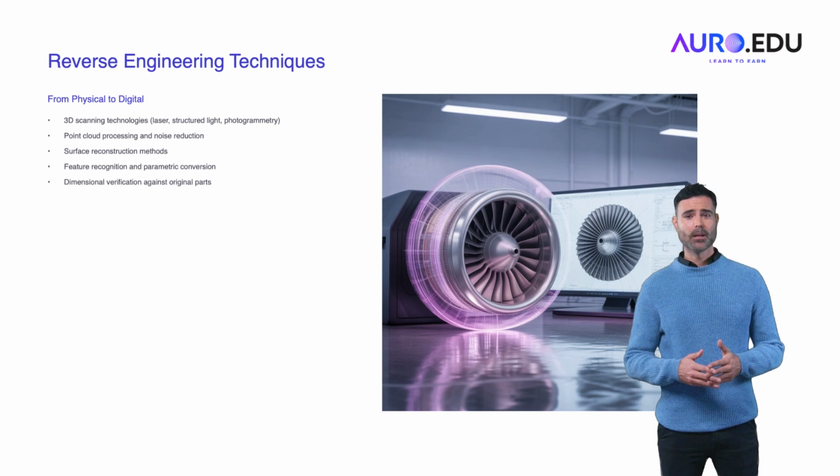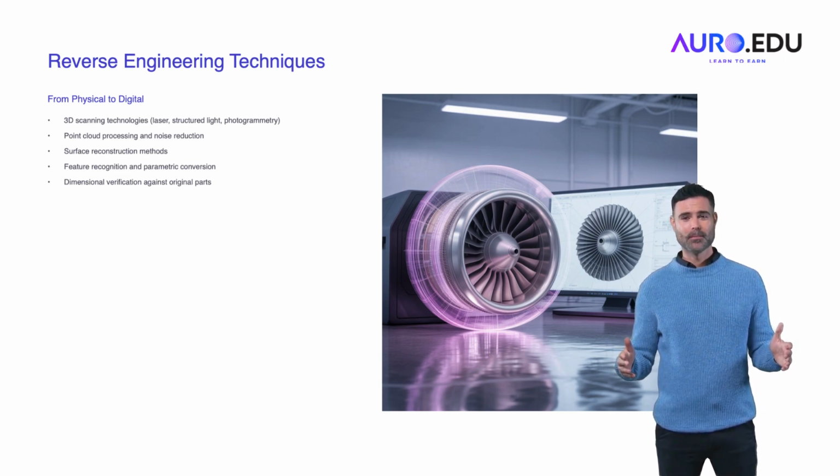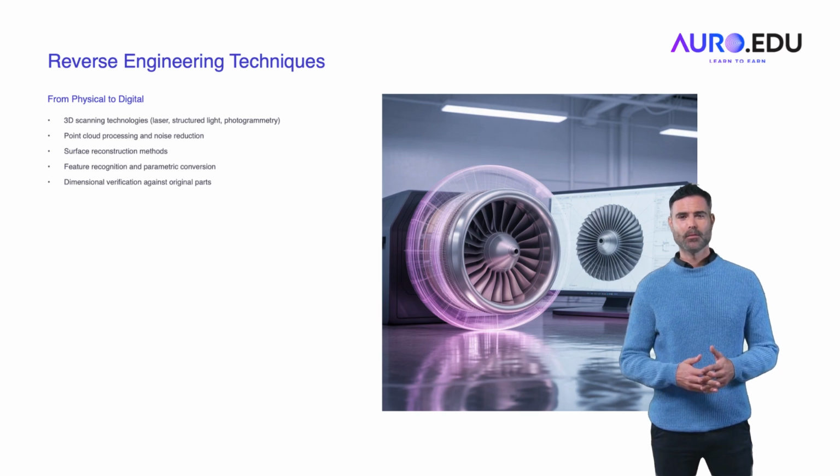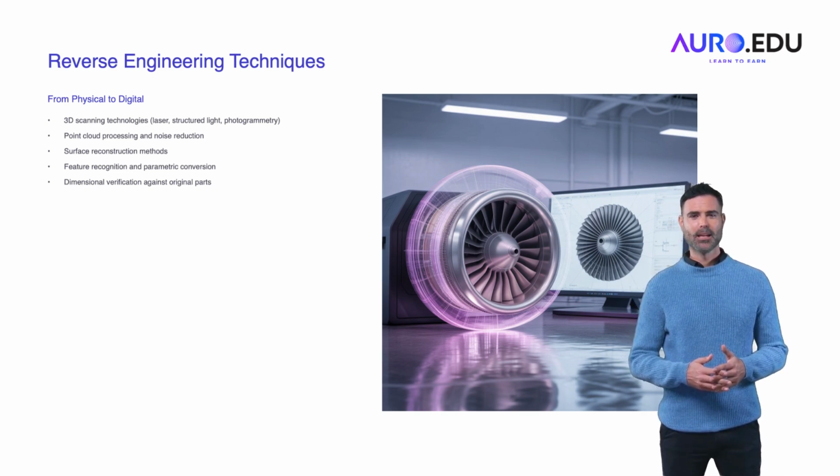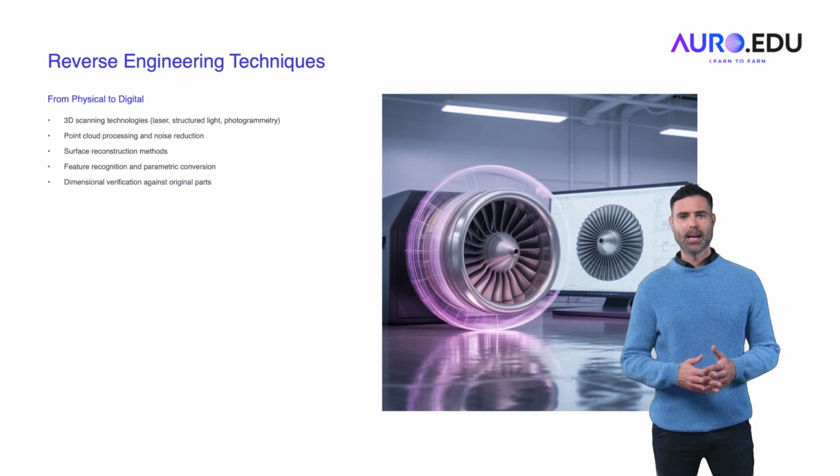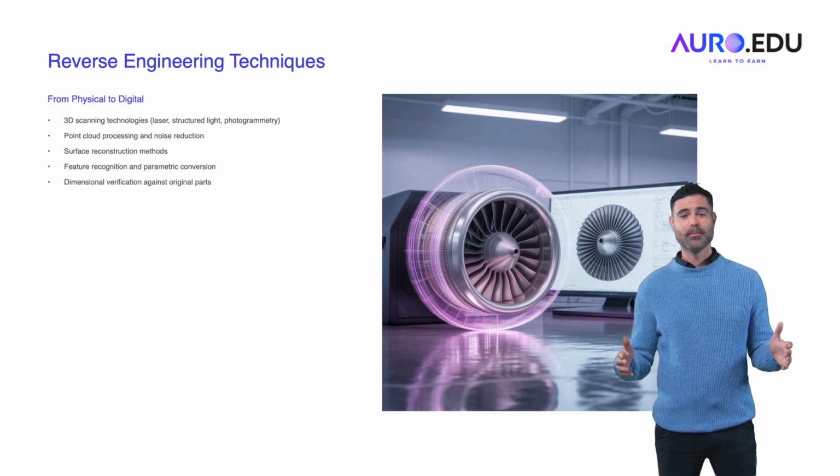3D scanning technologies, such as laser scanning, structured light, and photogrammetry, are used to capture physical components and convert them into digital models. These models are then processed and refined to create accurate 3D representations, eliminating noise and discrepancies.